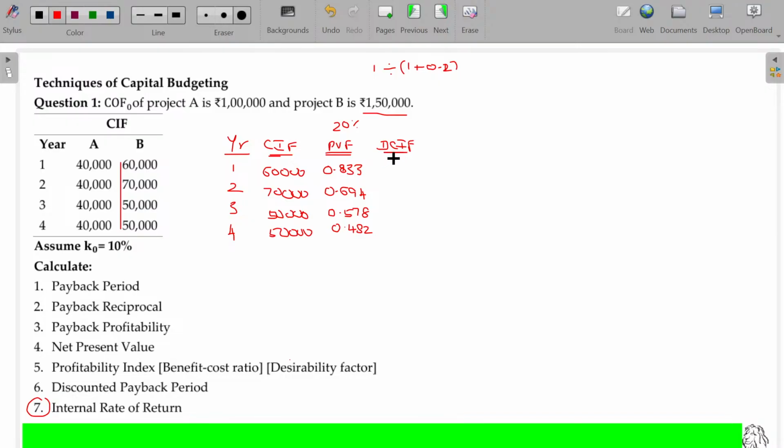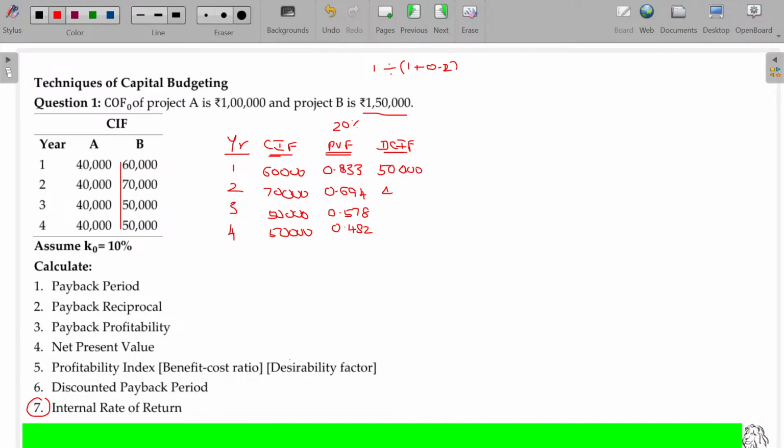You multiply these two and get me the value. 60 into 0.833, 50,000, right? We can round off, 49,000 something, so the value being 50,000.